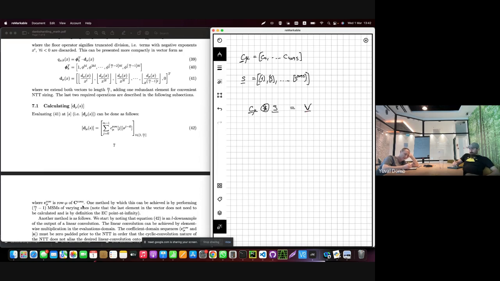And the size of it is going to be 1 by, if this was 4096, 1 by 8191. That would be the full linear convolution.